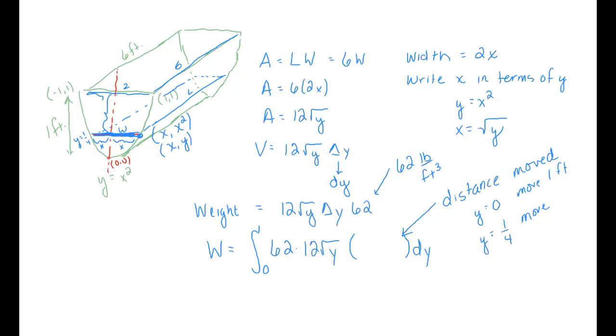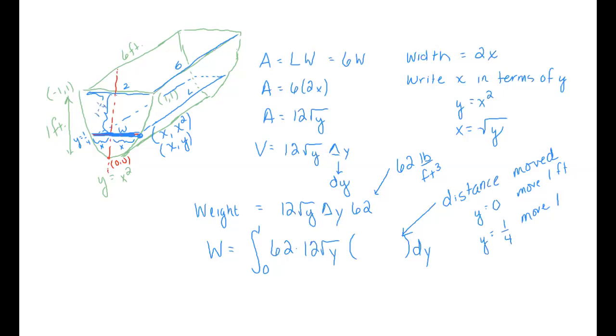And remember, we're looking at this in terms of the y value, not the x value. 3/4. Thanks, Merrick. I was going to guess that too. It's 1 minus 1/4, or 3/4.